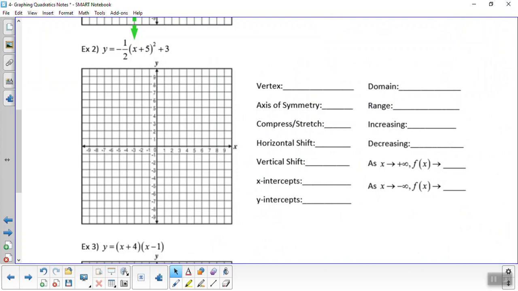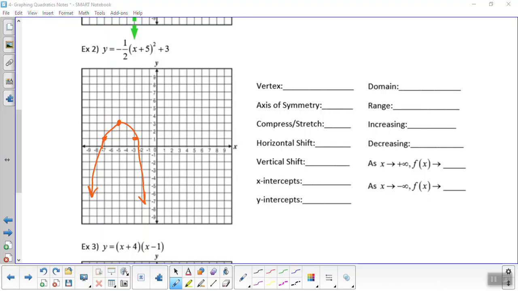Let's go back to graph it. Again, hopefully yours looks a little bit better than mine.